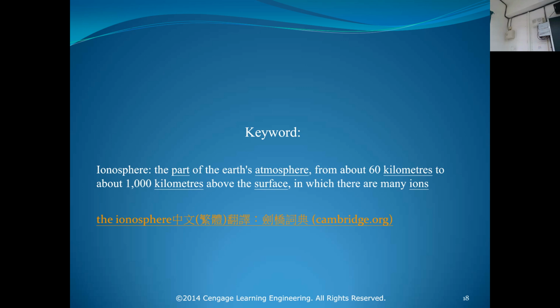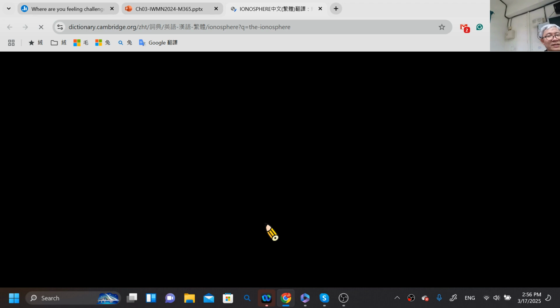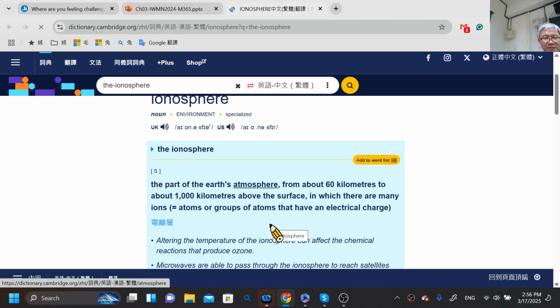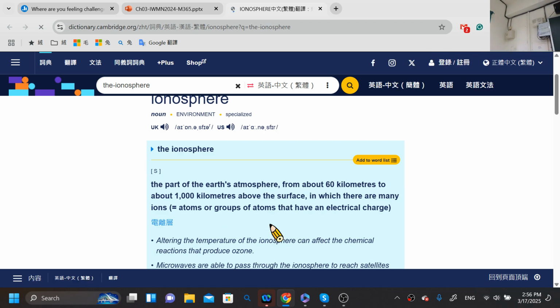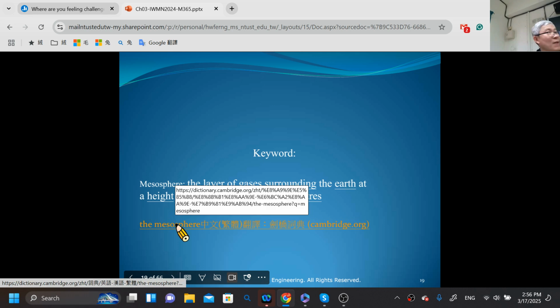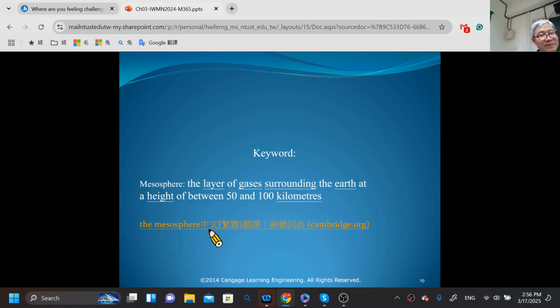Well, maybe for Taiwanese, you want to know what ionosphere means. I try to read the Cambridge Dictionary for this one. Here we have the definition, the range, and which layer.